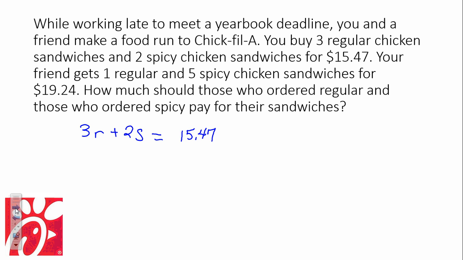The person who went on the run with you bought 1 regular and 5 spicy for $19.24, not including tax. That is a huge jump. Looks like the spicy's maybe, yeah. All right, so how are we going to solve this?